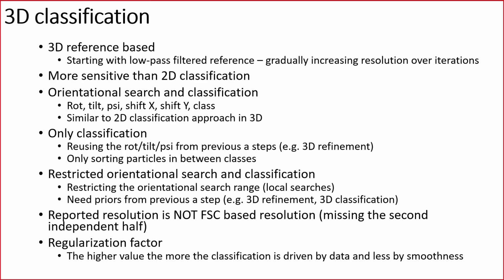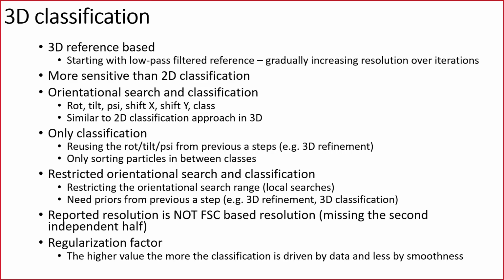In this case, we are doing something similar to 3D refinement, finding the correct rot, tilt, psi angles and shift X and shift Y of the projection of the particle. Plus, we try to classify our particle into one of the classes. It's user defined how many classes we want. If there are 5 classes, it will do the angular sampling of the particle and try to fit it to every one of the 5 classes and find where it fits the most.